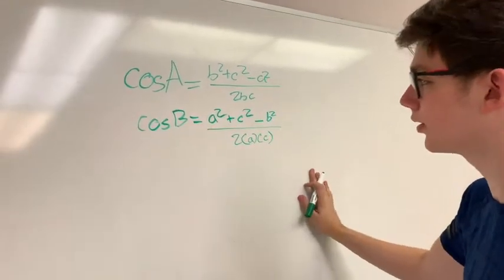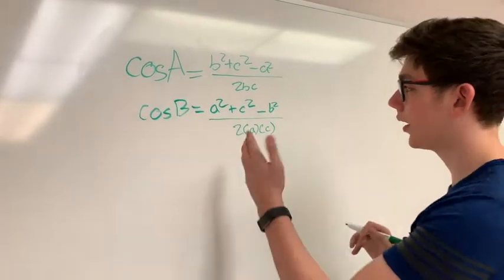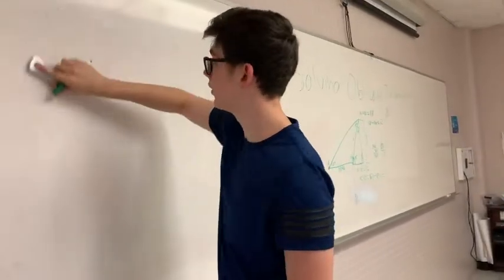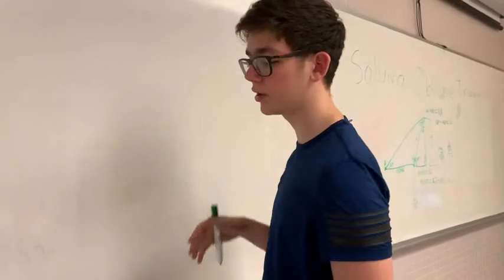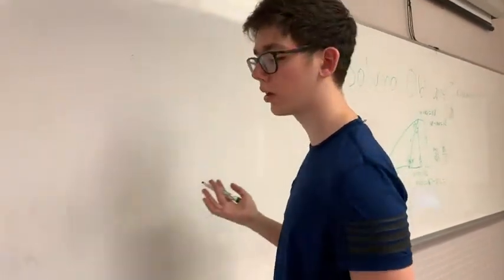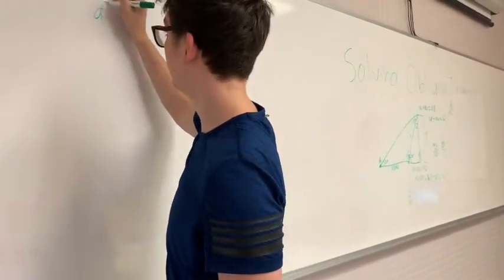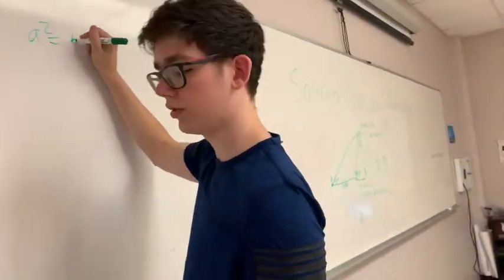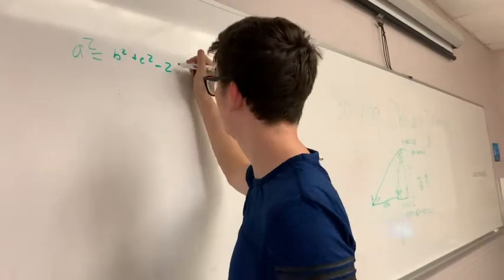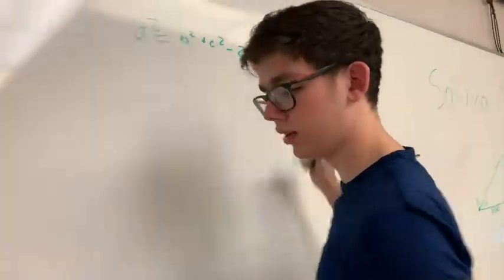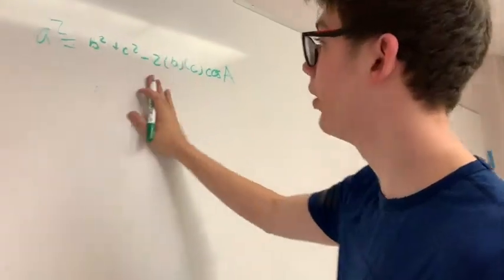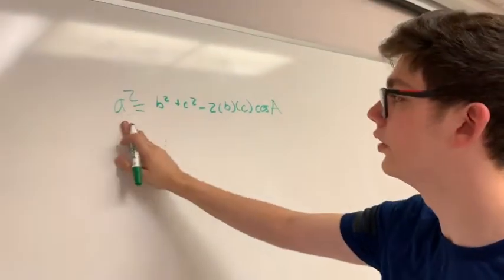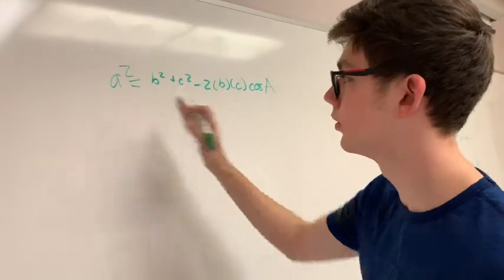So how you use this is when you have the three sides but no angles. So to get the sides, same as before, it's one formula, and from that formula you can do the other ones. So it's a squared, which will be the side you want to get, is equal to... So you will use this when the only thing you don't have is the side you want to get.